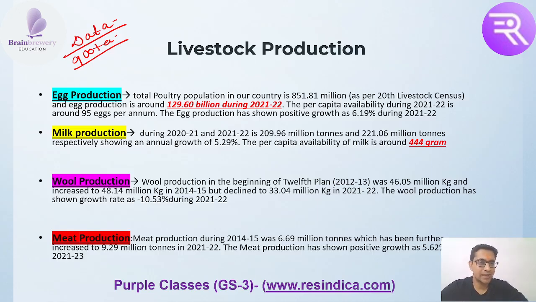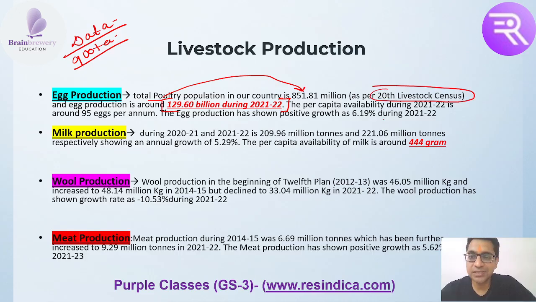If they ask how many eggs we are producing in our country, you can say we are producing around 129.60 billion eggs in 2022. The total poultry population is 851 million, and they are producing 129.60 billion as per the 20th livestock census. This is a 6.19% growth rate.